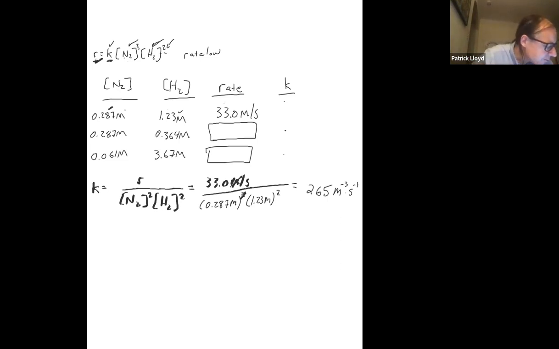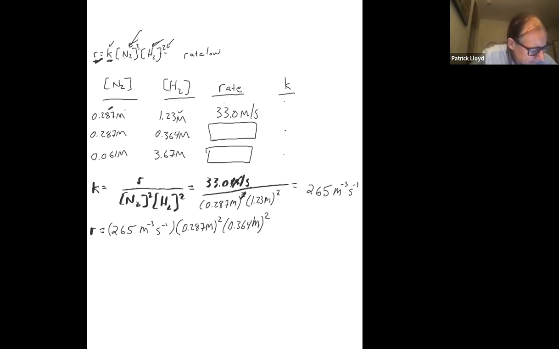So now for part 2, we can find our rate because it's going to be 265 m to the -3, s to the -1. So there's your K times the concentration of N2 squared, so 0.287 squared times the concentration of H2, which is 0.364 molar squared, right?